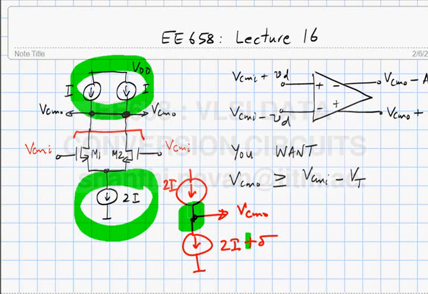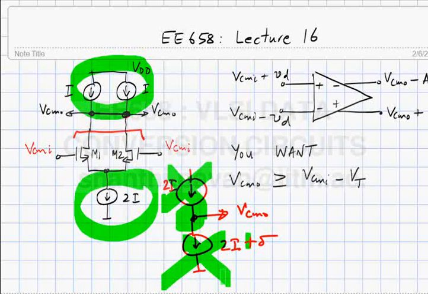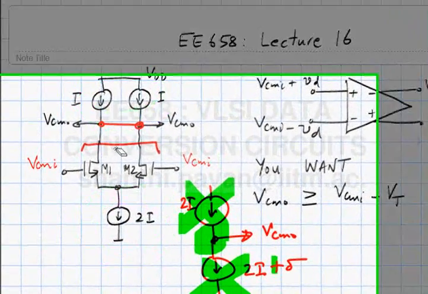Even if they were exactly identical, you cannot set this potential; this potential is unknown, but maybe you get lucky and it happens to be in the range that you want. But in practice, these two will not be exactly the same, which means that in all probability, the potential VCMO will either be close to ground, or close to VDD.